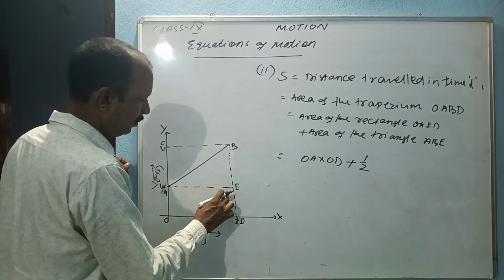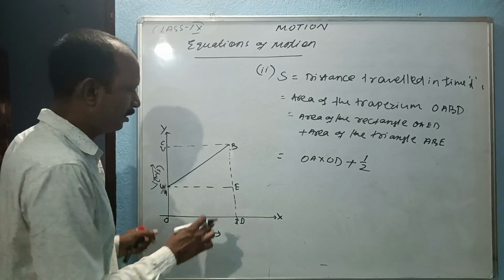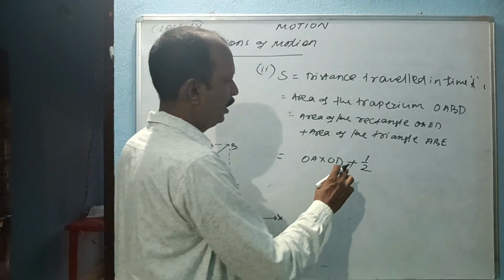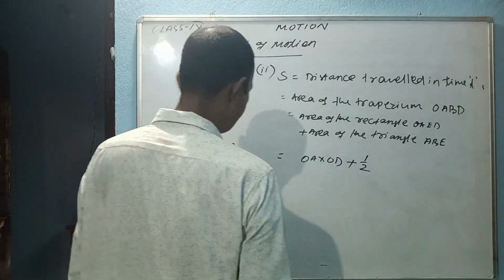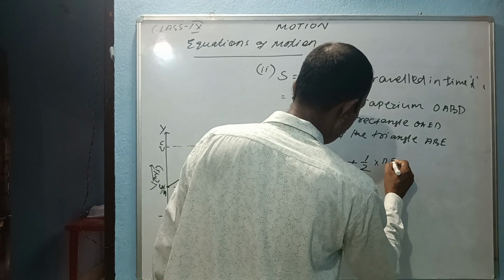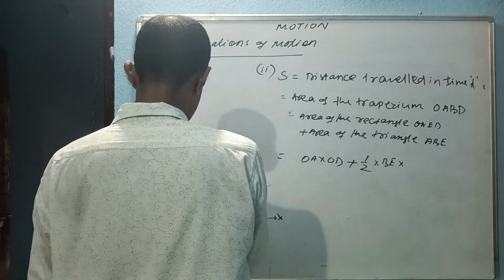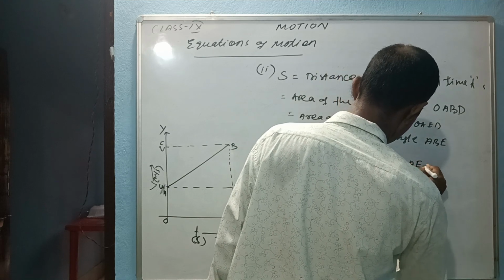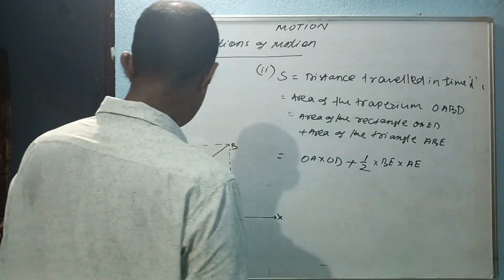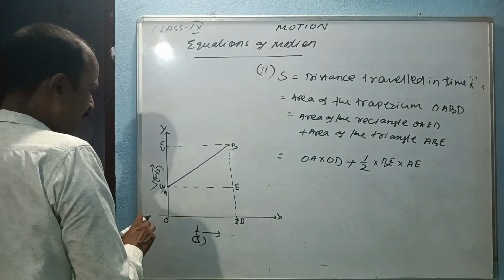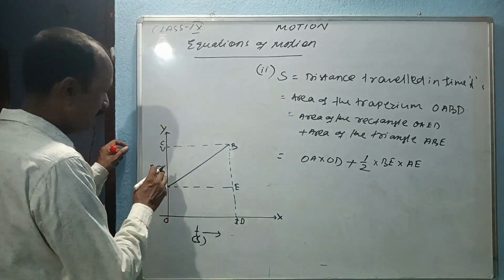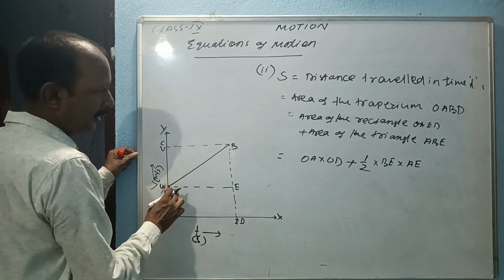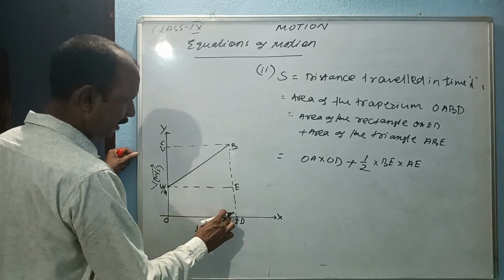Or I can take this as the base, this as the height. It does not matter because this is 90 degrees, this is a right angle triangle. So in this case half into base into height. So I am taking BE into AE. Or in place of BE, I can take CA. In place of AE, I can take OD.